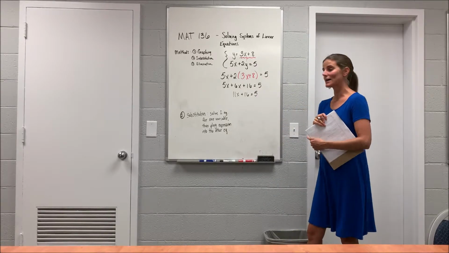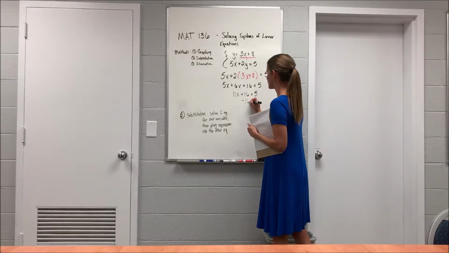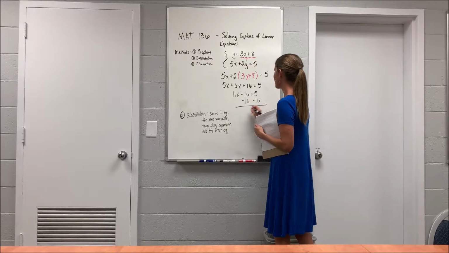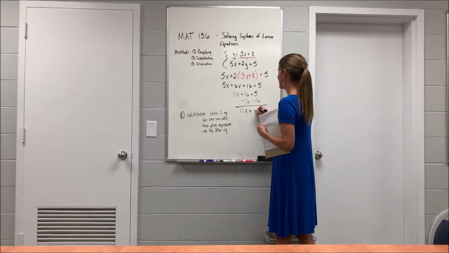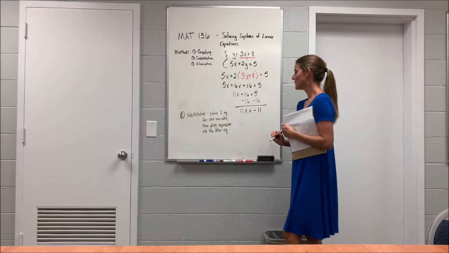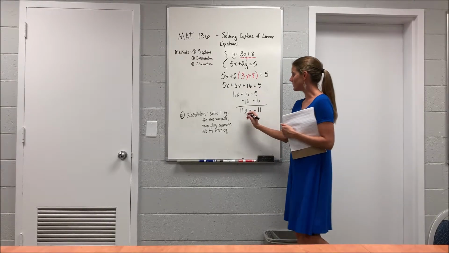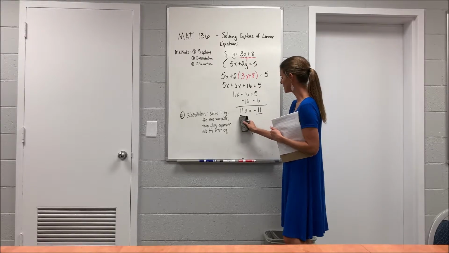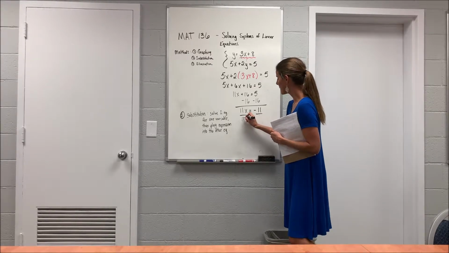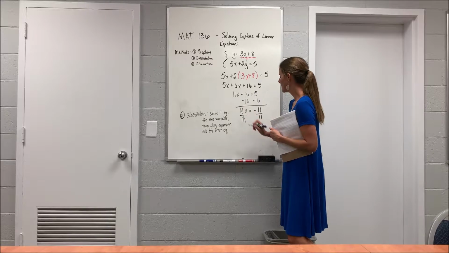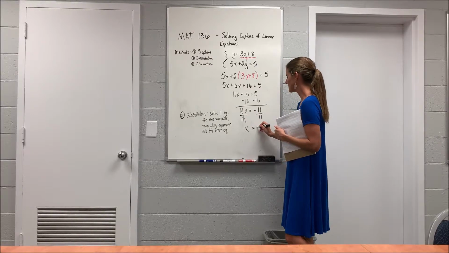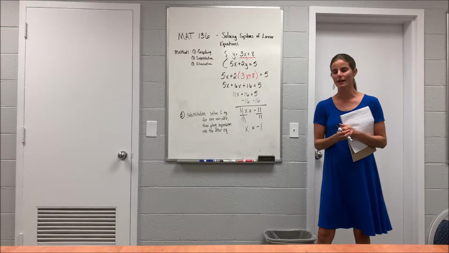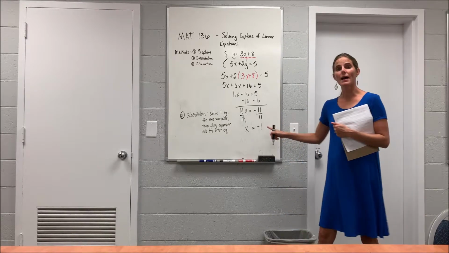Then I'm going to subtract 16 from both sides to continue to solve, and I'll get 11x equals negative 11. Then dividing by 11 to get x by itself. Oops, it helps if I divide by 11. So I divide by 11, and that cancels, and I get x equals negative 11 divided by 11, which is negative 1. So I get that value of x.